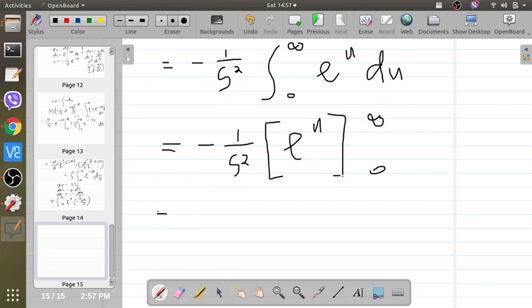So substitute the value of u: 1 over s squared e raised to the power of negative st, which is the value of u, from 0 to infinity.